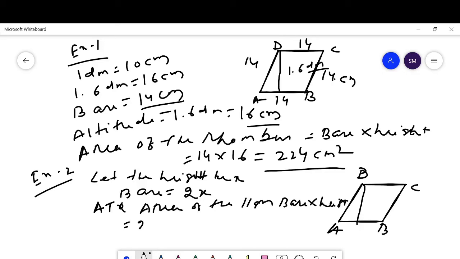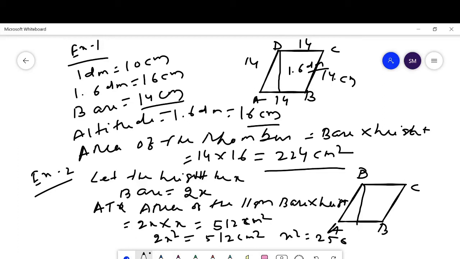Here the base is 2x into x. The area is already given as 512 centimeter square, which implies 2x square is equal to 512 centimeter square. Then x square is equal to 256 centimeter square. Then x equals 16 centimeter.